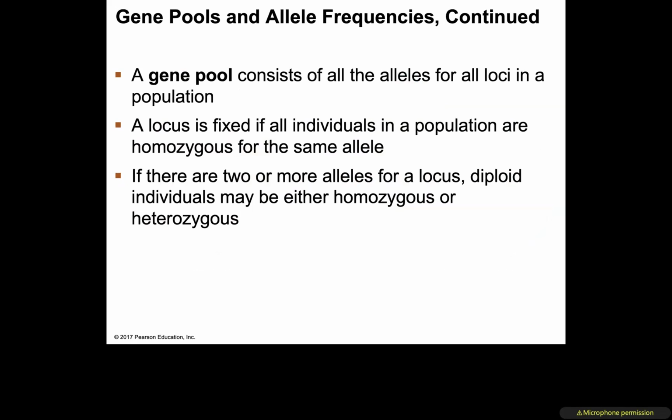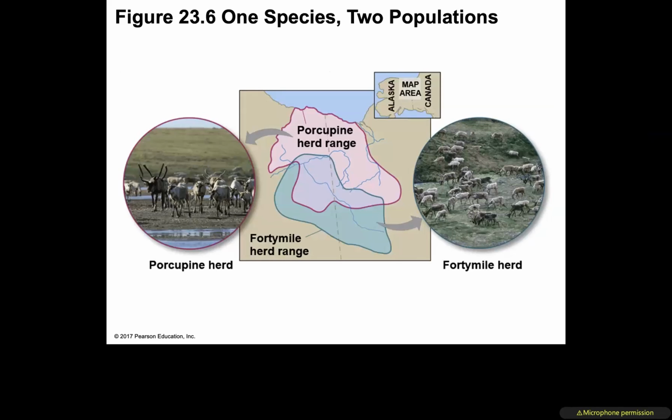So let's talk about gene pools. A gene pool consists of all the alleles for a locus in a population. So let's back it up. When we talk about this herd of caribou right here, all of the individuals in this population each have their own genetics, okay?